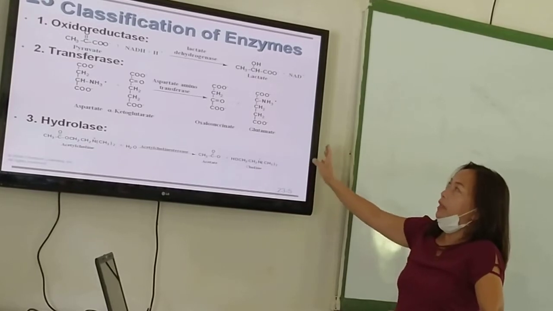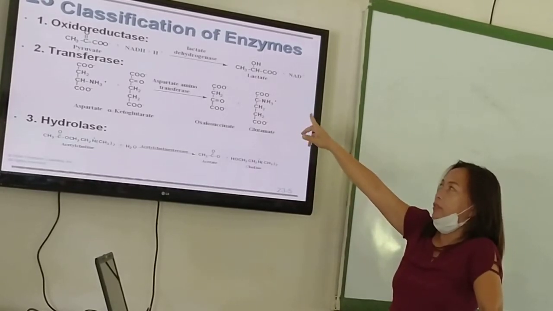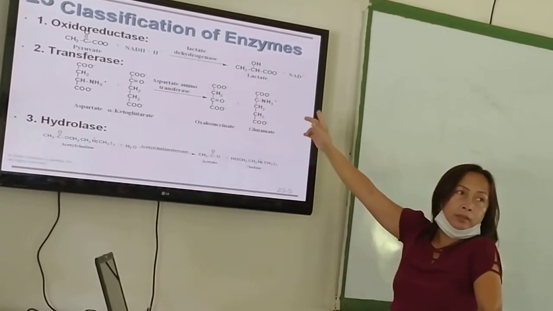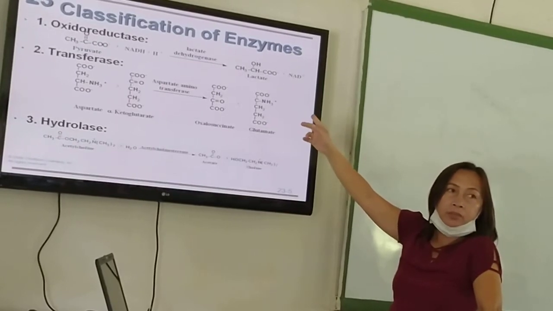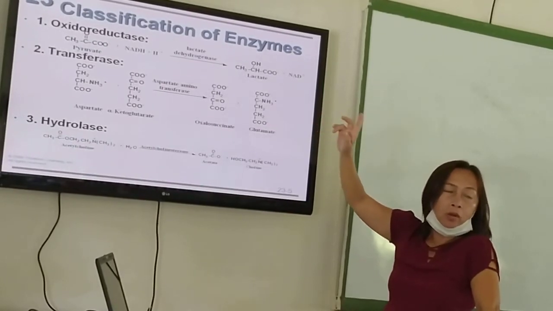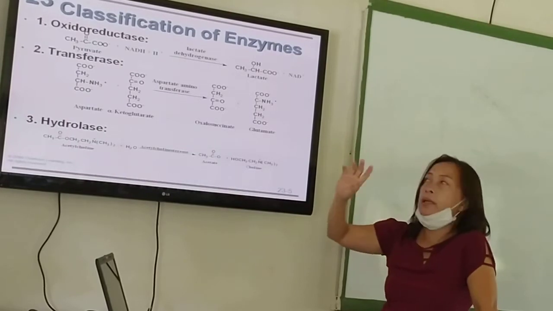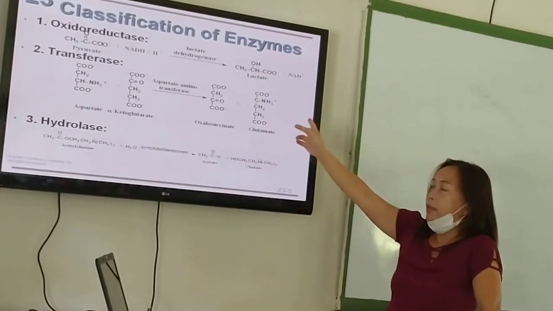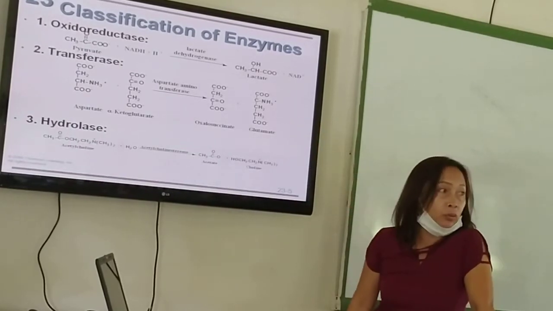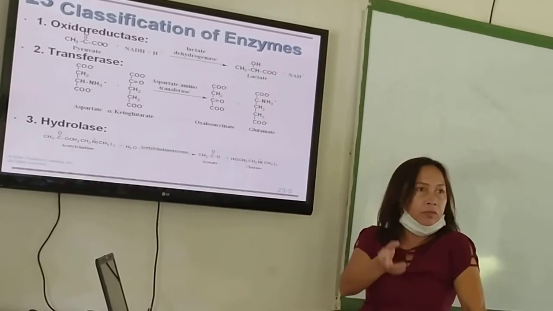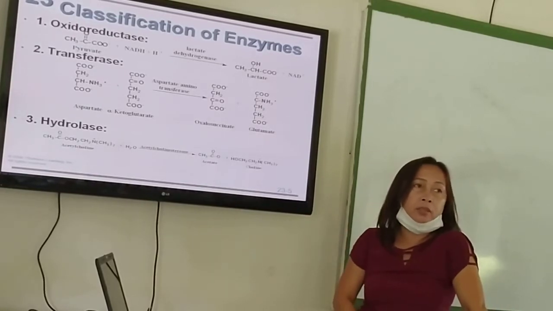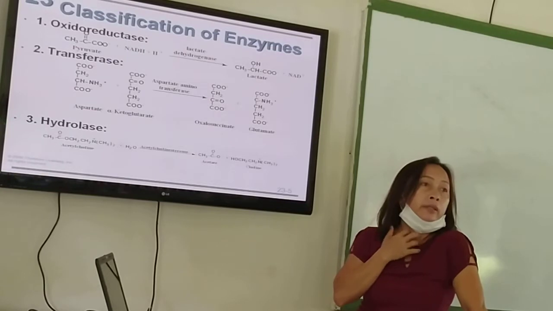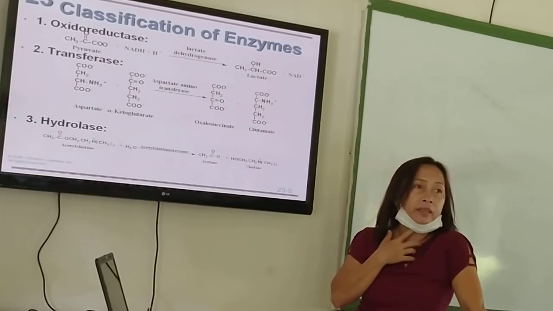Now, anyway, that reaction is reversible. So later on, when oxygen supply is already abundant, the lactate or the lactic acid will be converted back into pyruvate. And then pyruvate will enter the Krebs cycle or citric acid cycle.